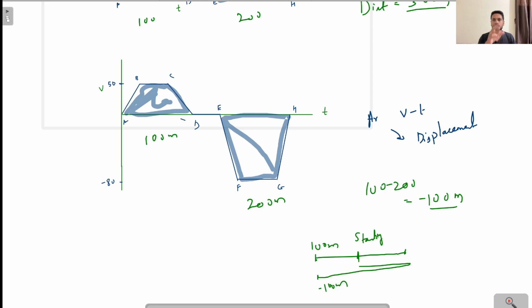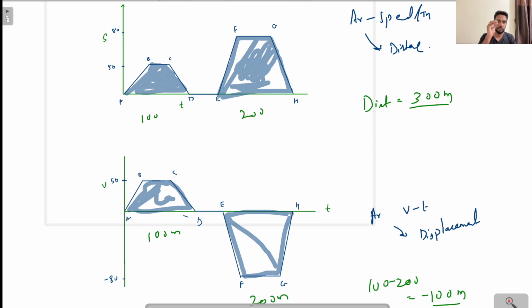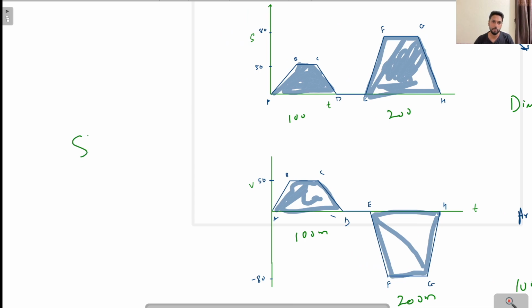Right? So this is the significance of a velocity-time graph and a speed-time graph. And one thing is common for them: the slope of both curves will give you acceleration. It doesn't matter which graph it is, that is the common thing in them.